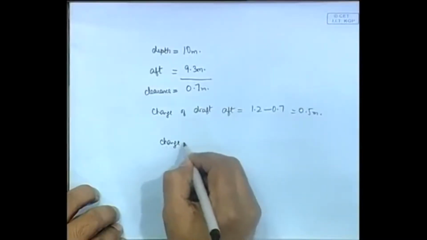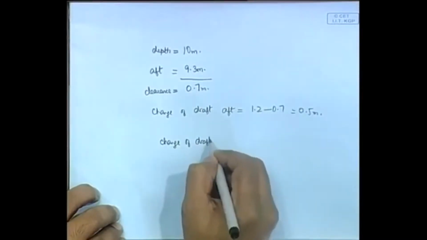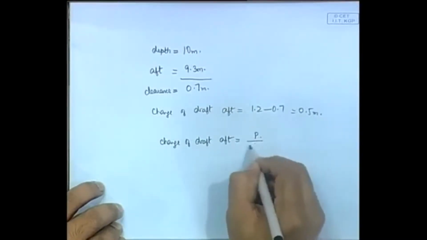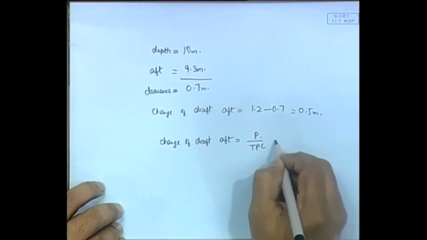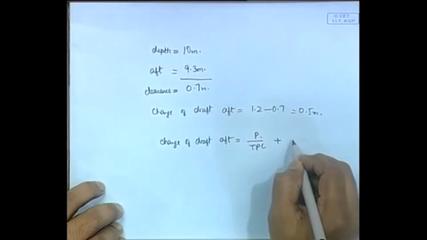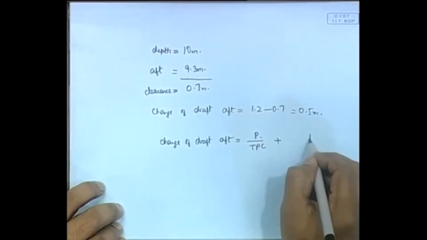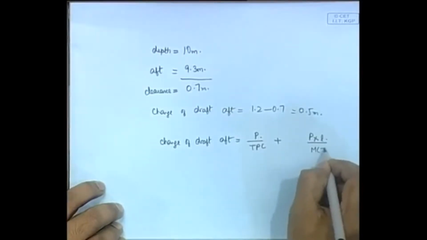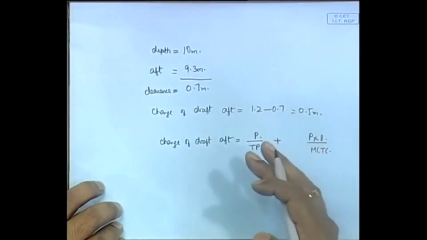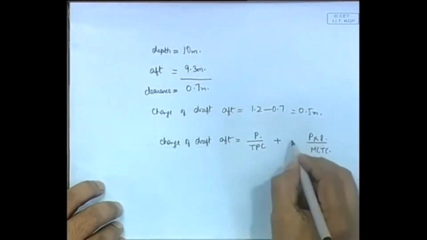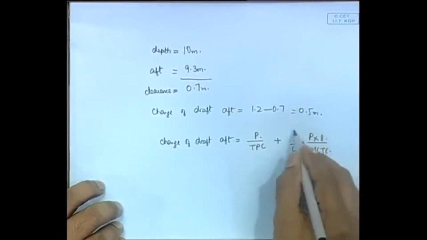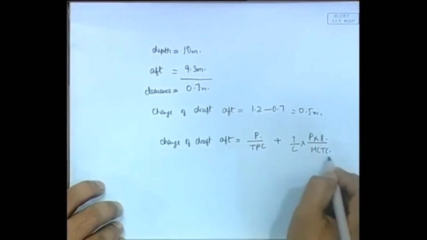So the total change of draft aft is in this case P by TPC plus, remember the trim itself is given by P into L by MCTC, and therefore the change of trim aft will be l by L into that. So this is the expression for the change of draft aft due to change of trim aft.